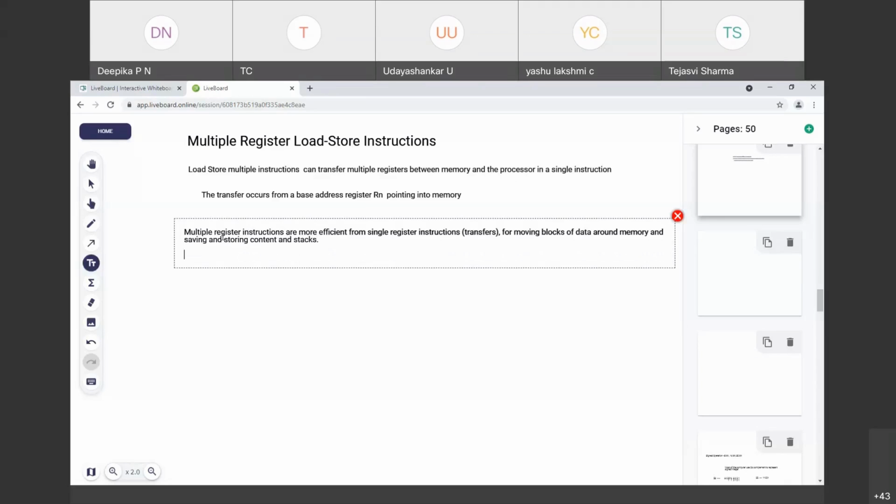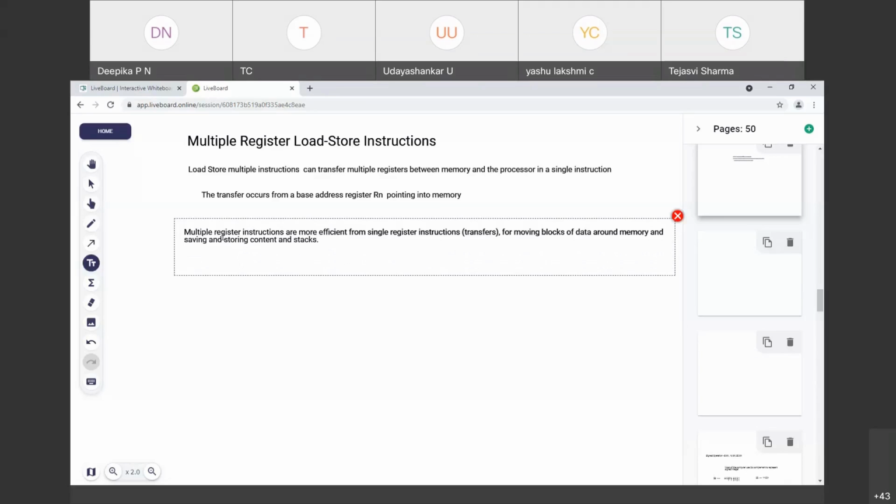Blocks of data movement is the most important, and it can happen using a single instruction. Which instruction? The multiple register load store instruction. It's a single instruction.